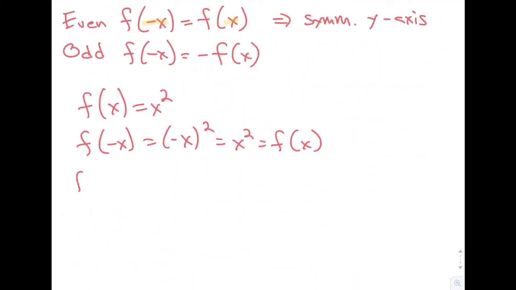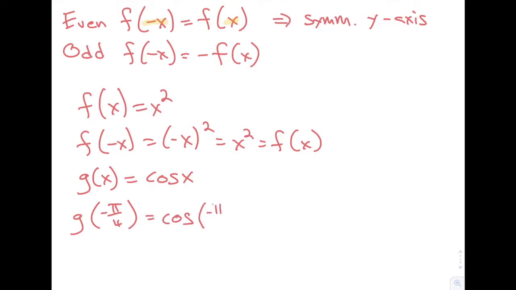Let's say that g of x equals cosine of x. If we give g negative pi over 4, that is, we give cosine negative pi over 4, we just get root 2 over 2 out, right? And what's the other quadrant where we get a positive root 2 over 2 out of cosine?